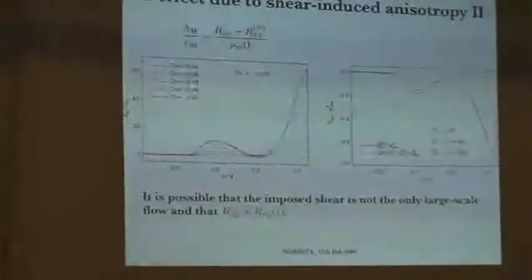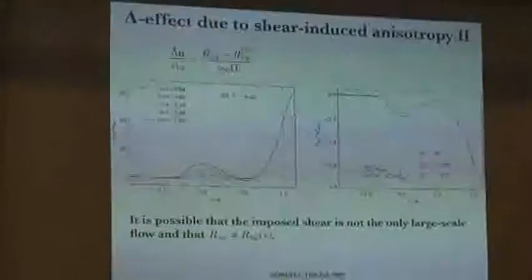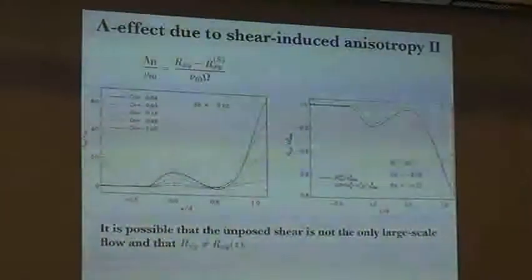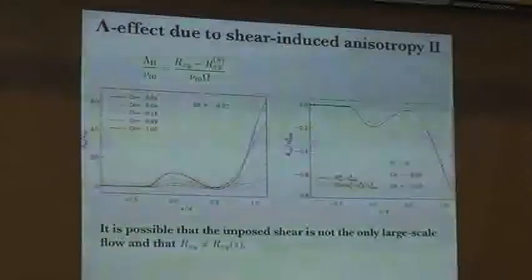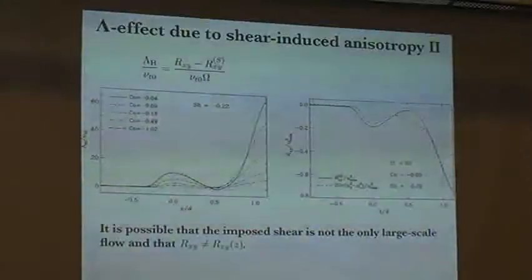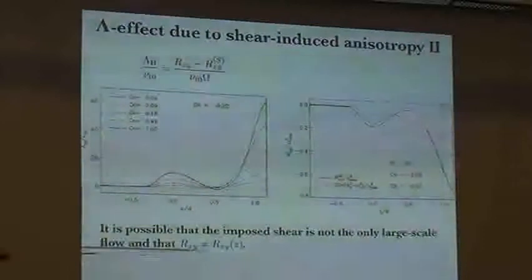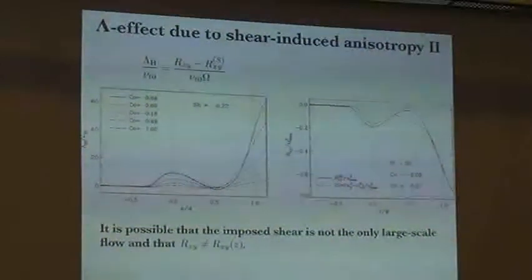Okay, so maybe I continue. There's one more thing. It is possible in this case that the imposed shear is not the only large-scale flow, and then our assumption that our stress would be just a function of Z would no longer be correct.